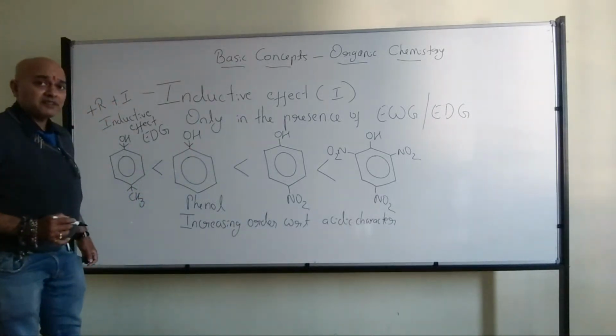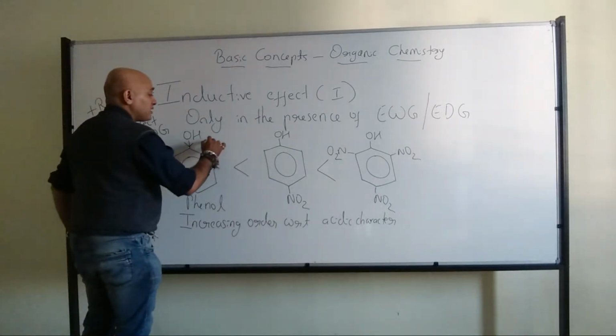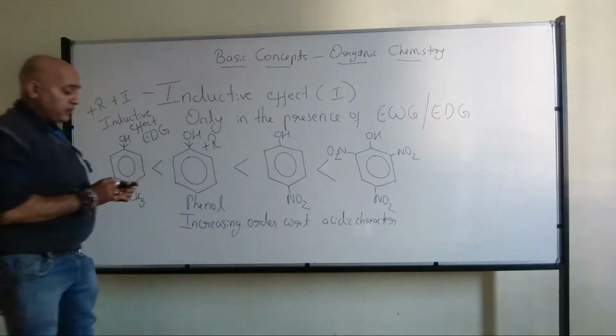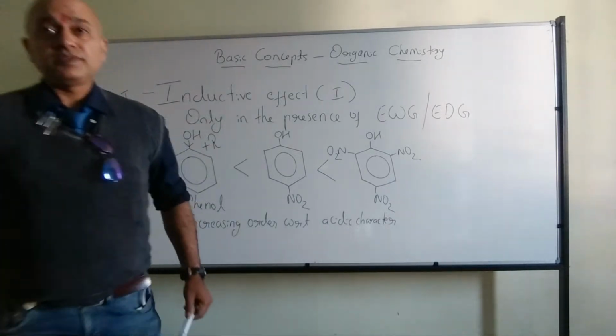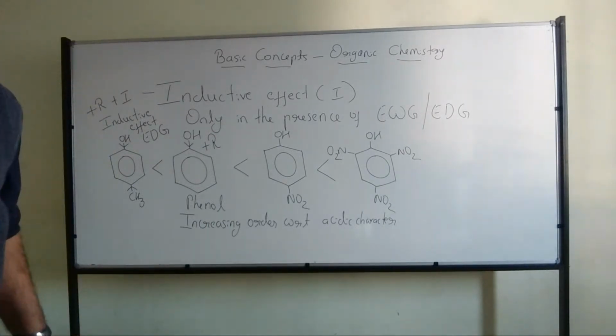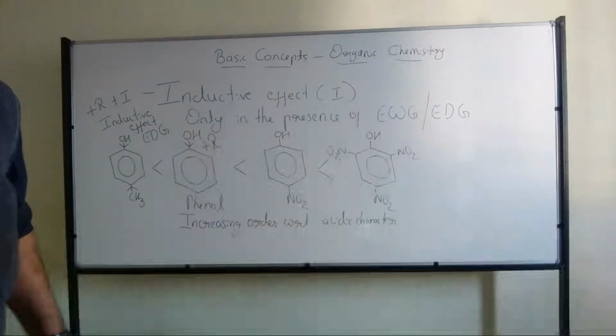Why is phenol having a bit more acidic character compared to other alcohols? That is because of the resonance effect, to be more appropriate, positive resonance effect. Because whatever phenoxide ion will be formed, it will be stabilized by the positive resonance.